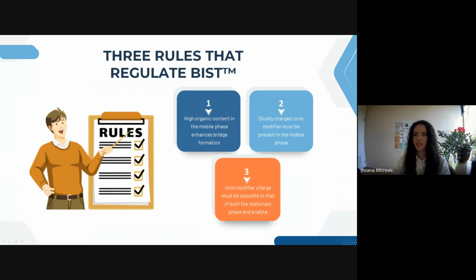And third, the charge of the modifier must be opposite to that of both the stationary phase and the analyte. So when all three conditions are met, BIST becomes very effective and retention becomes predictable and tunable, which is crucial for separating complex biomolecules like oligonucleotides.